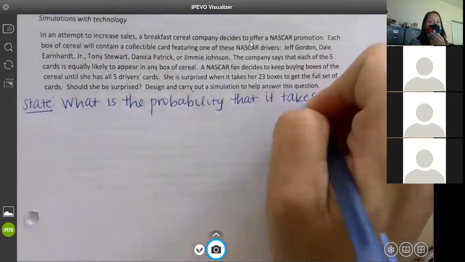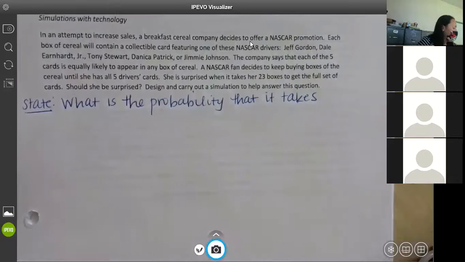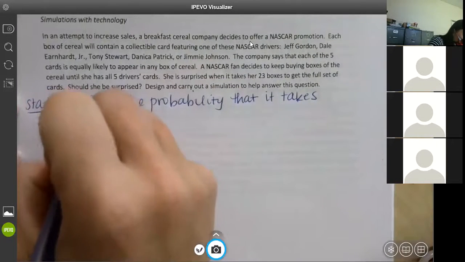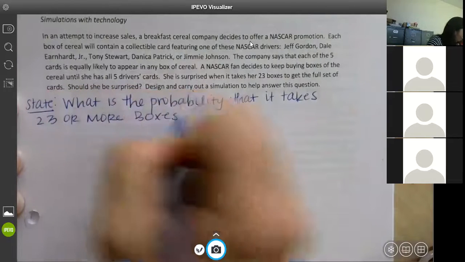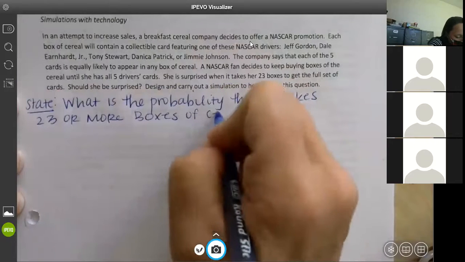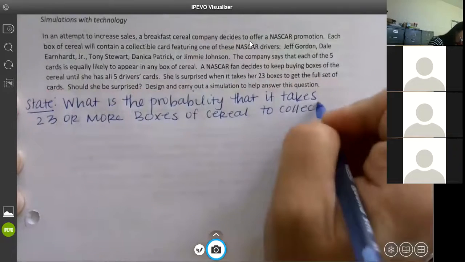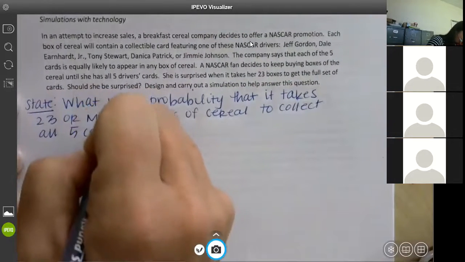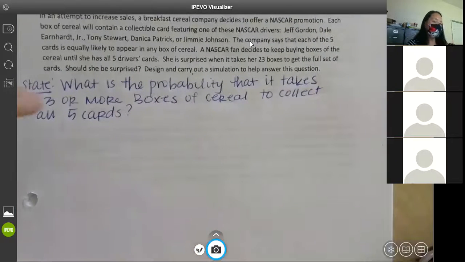But she was surprised when it took her what? 23 boxes. So what's the probability that it takes 23 or more boxes of cereal to collect all 5 cards? Good. These will get easier. The states will get easier.